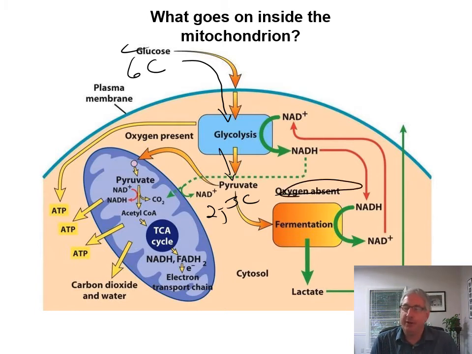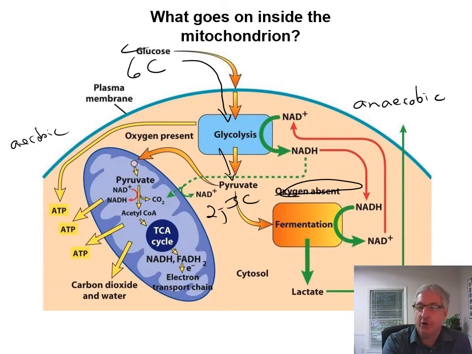So let's say you're running really, really hard, and you're not bringing in enough oxygen to break down the glucose, so you're going into an anaerobic state. You have aerobic, where you have plenty of oxygen to break down glucose, or anaerobic, meaning without oxygen.